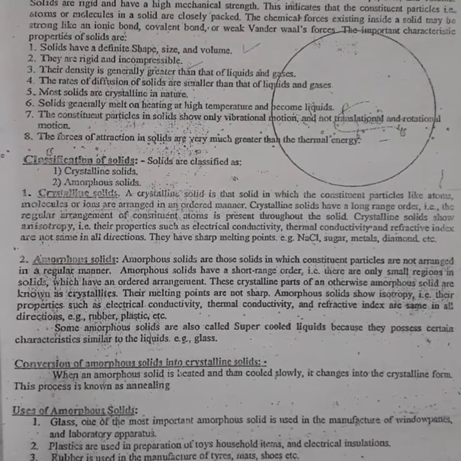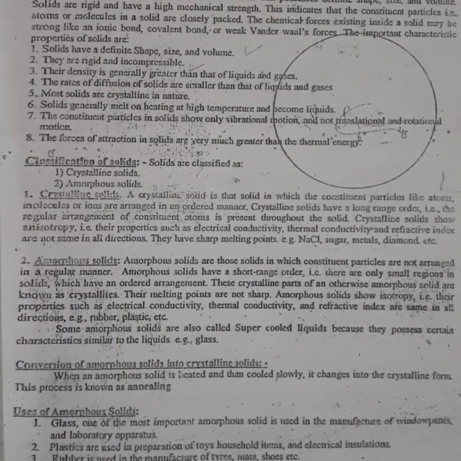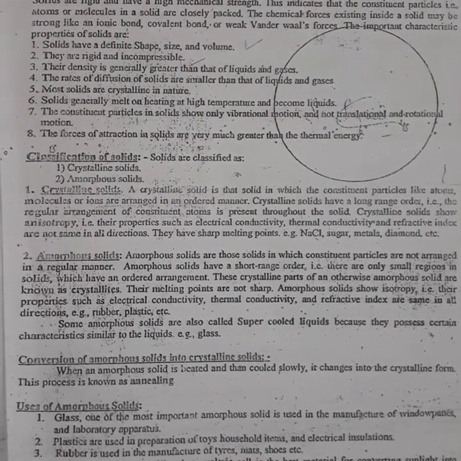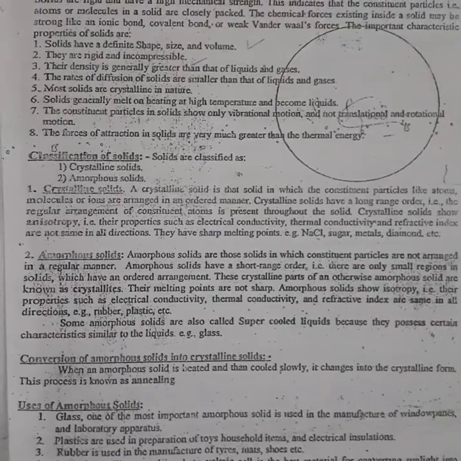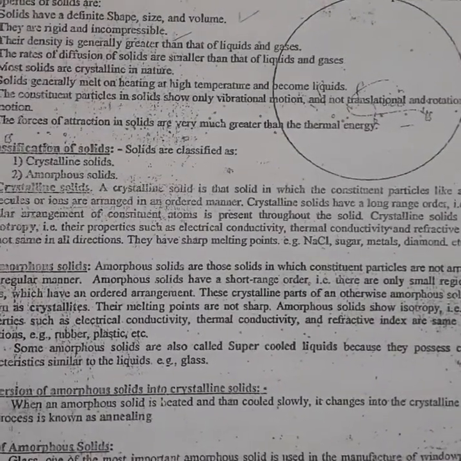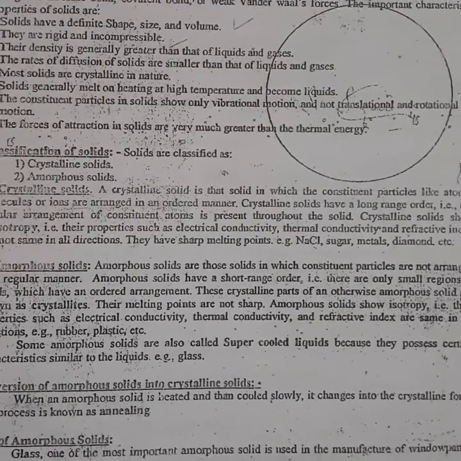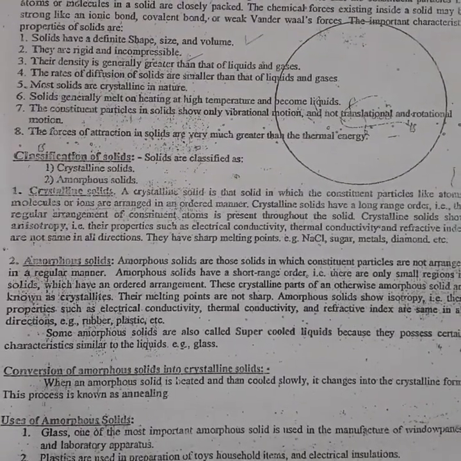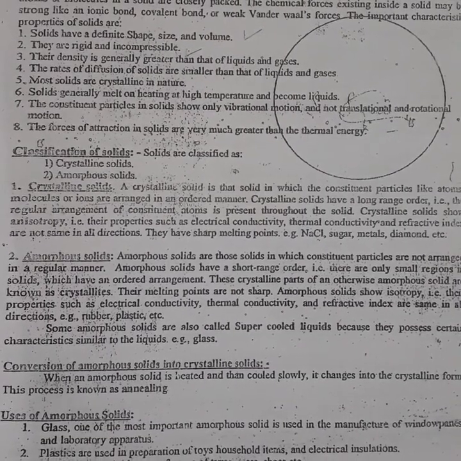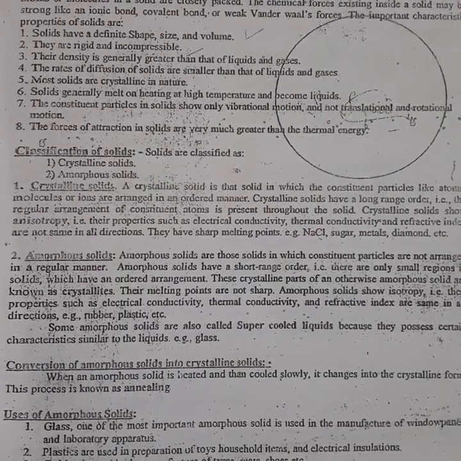In crystalline solids, these constituent particles are arranged in an ordered manner. Crystalline solids have a long range order, that is, the regular arrangement of constituent particles is present throughout the solid. That's not short range, that's long range.